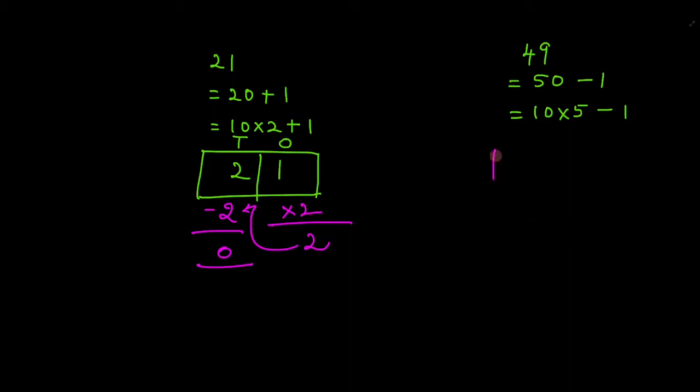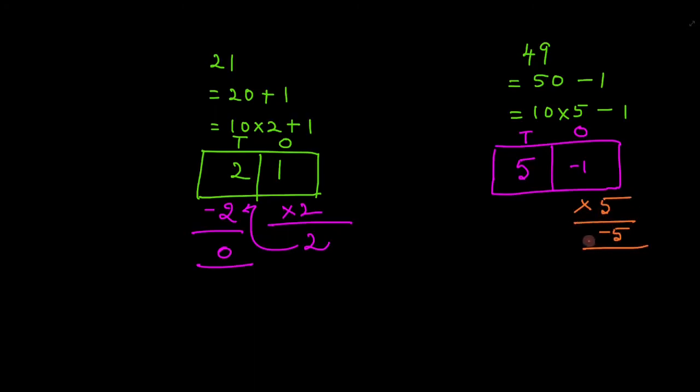Here this can be viewed as a number having 5 in tens place and minus 1 in ones or units place. We multiply this one by 5, we get minus 5 and add this here. We are adding this one so that we will get 0 here.